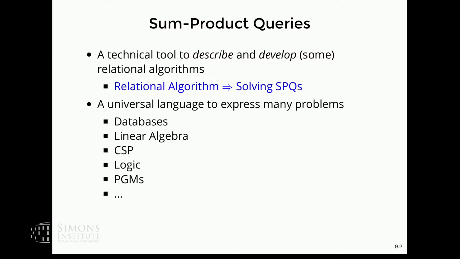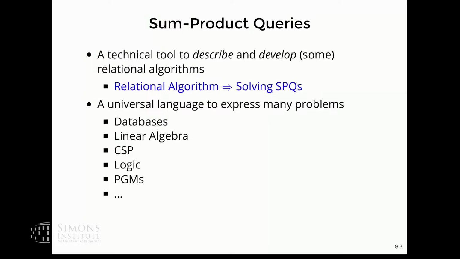In general, sum-product queries are a universal language to express problems in several domains, including databases, linear algebra, constraint satisfaction, logic, PGMs, etc. So it is an important topic on its own. But for the purpose of this talk, we need it specifically to develop relational algorithms.